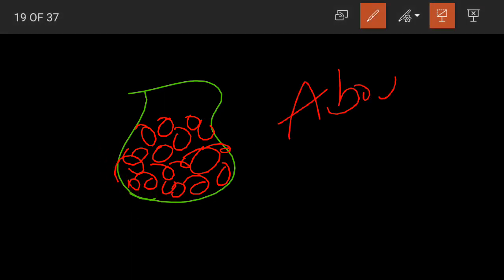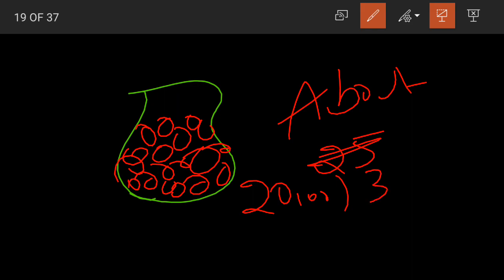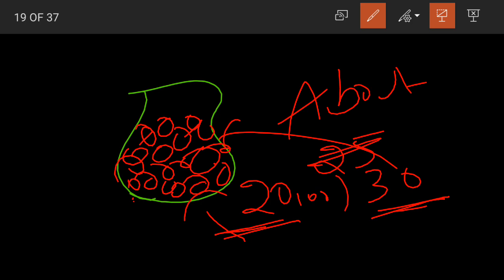I think there might be about 20 or 30 stones in it. What are we saying? We are saying an approximate value, 20 or 30. We are not counting and telling the exact number because that will take a lot of time for us. We are simply estimating, telling the approximate value. This is the nearest value to the number of stones that are actually there in the jar.